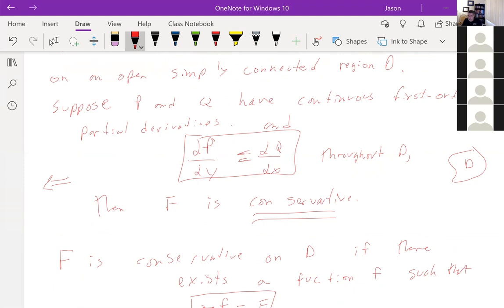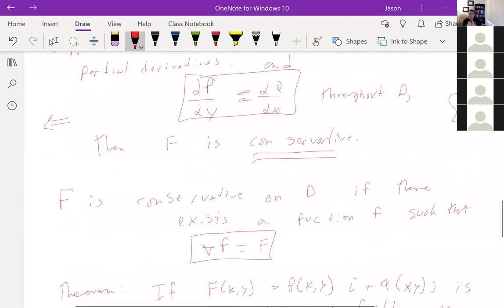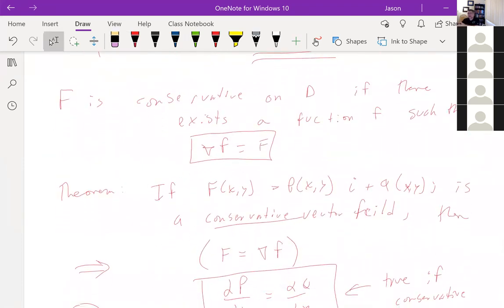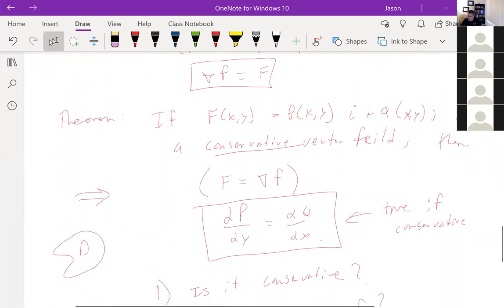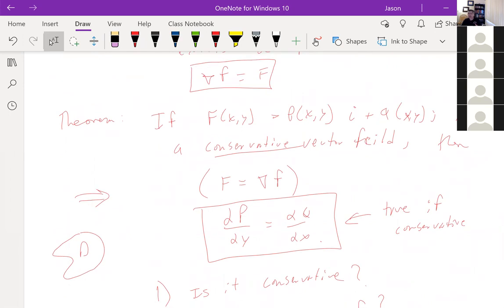Any conservative vector field is going to have that. So if they give you conservative, you know that this equation of partial derivatives is true. If it's a simply connected region, a very nice region, and they give you that this is equal, then it's conservative. That's the basic crux to this whole thing.